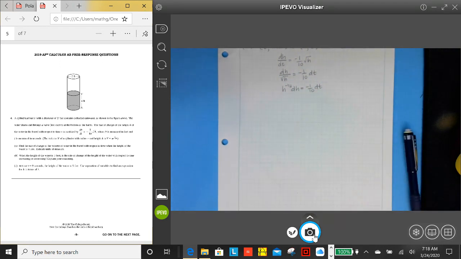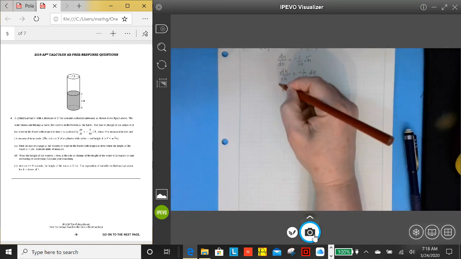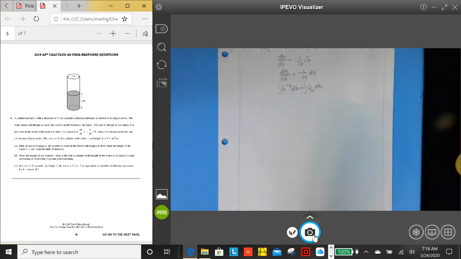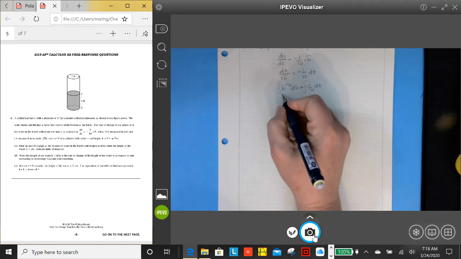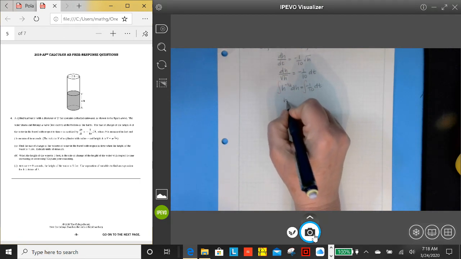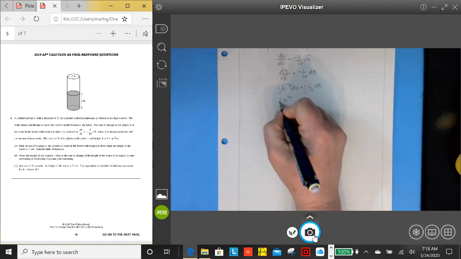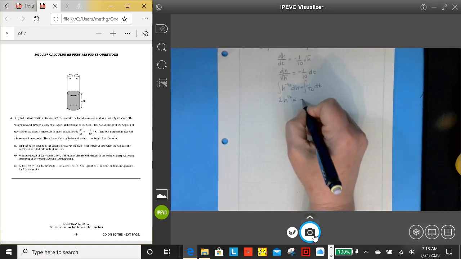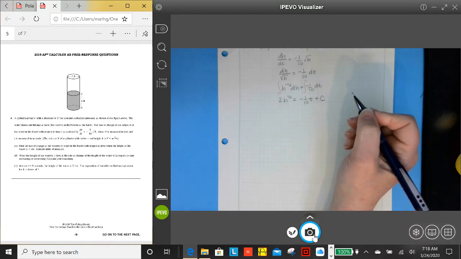I'm going to pull out my magic integral marker. There it is. Okay, and when I do that, I get h to the 1/2 divided by 1/2, which would be 2, equals negative 1/10 times t plus c.